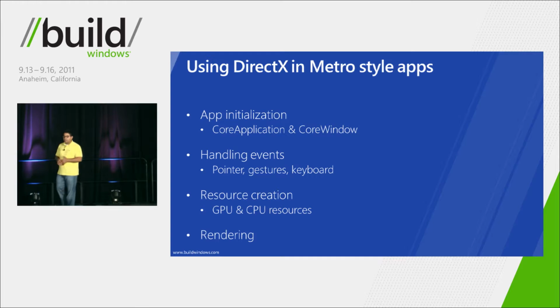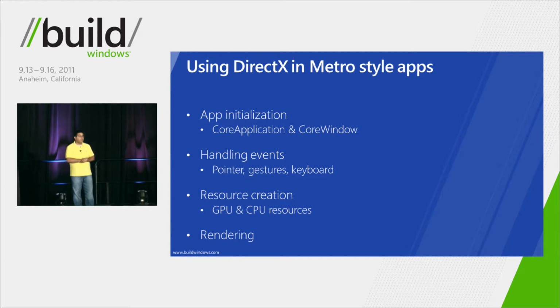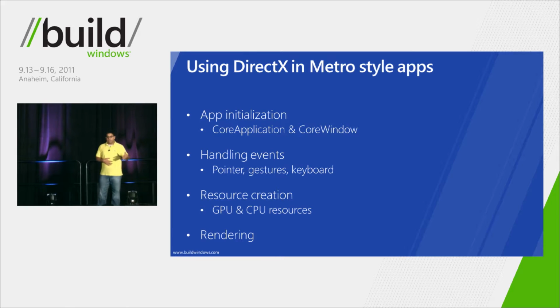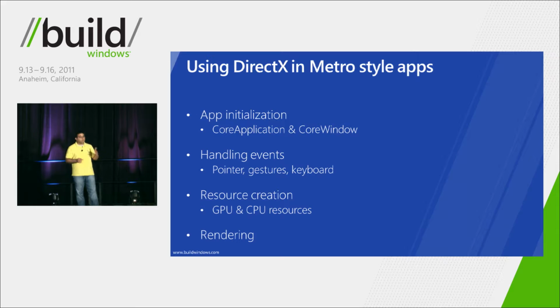And then our resource creation has been streamlined. Everything starts with a D3D device. Then from D3D, you go to D2D, and you create a device and a device context. Each of these steps is there so that you can have total control over how everything gets created. That's important as soon as you want to get into more advanced scenarios that might involve multiple devices or more specific kinds of rendering techniques.